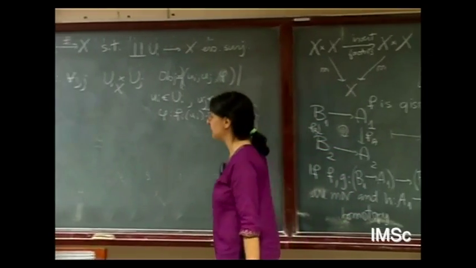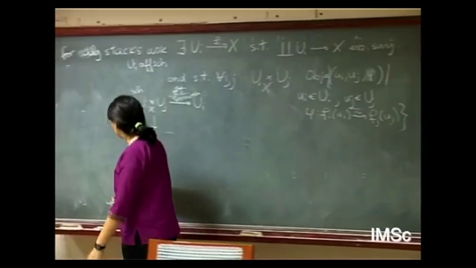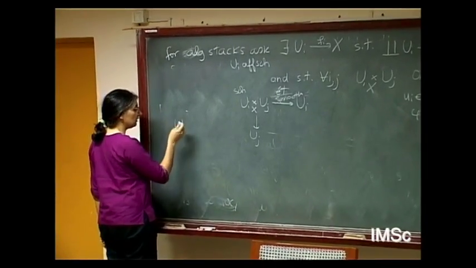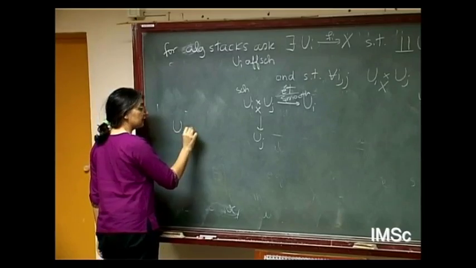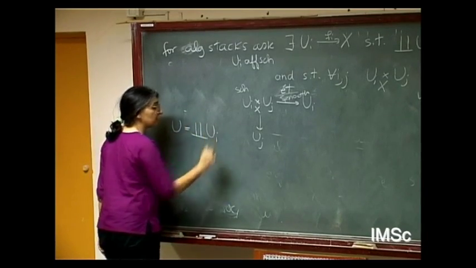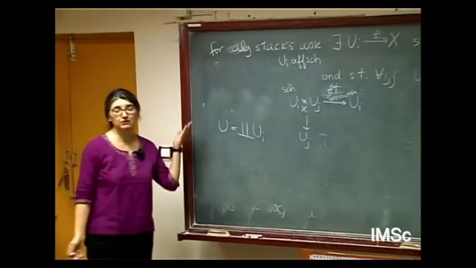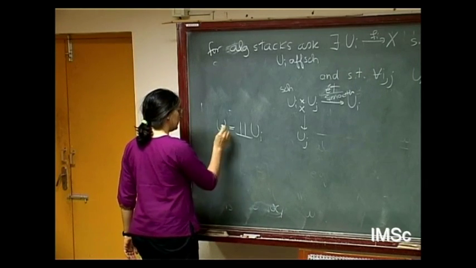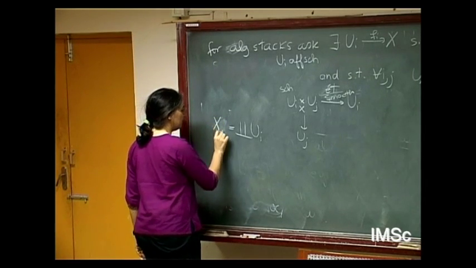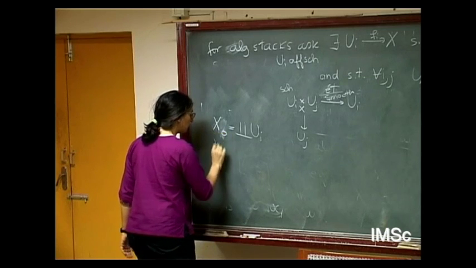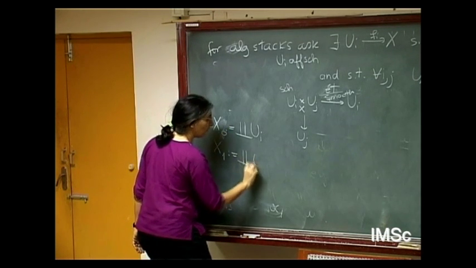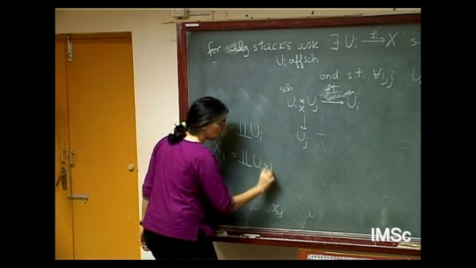Yes, exactly. Another way to say it is, if you call U the disjoint union of all the U_i, which is a scheme, maybe not of finite type, let me call it X_0, and you call X_1 the disjoint union of all U_i cross U_j.